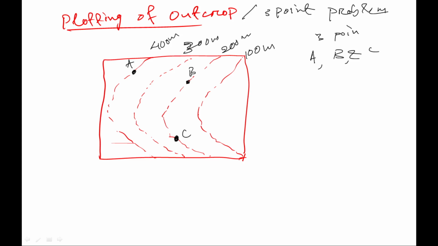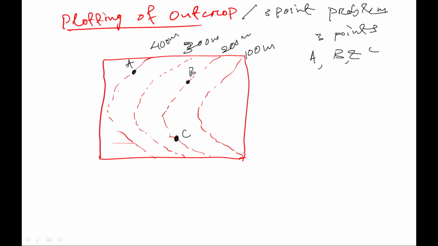I have told you that from the diagram itself, you know at which elevation these A, B, C points are present. The elevation of these 3 points you can know.